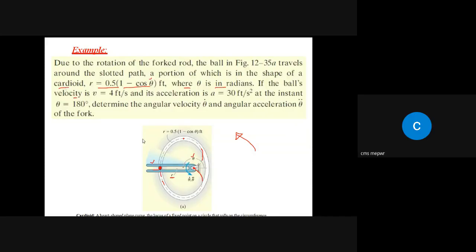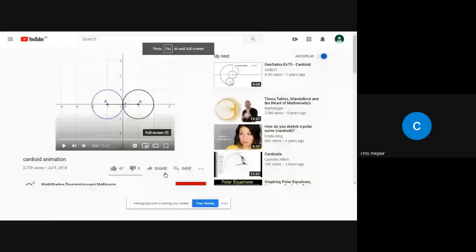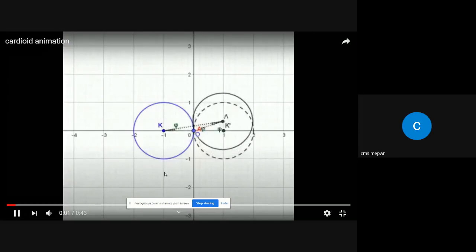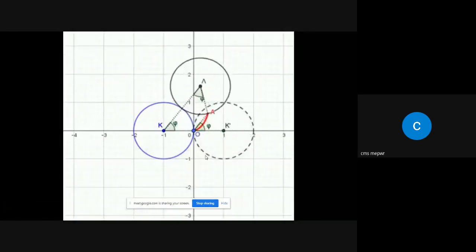Let me share my whole screen with you. Okay, can you look at my screen now? Yes, sir. Okay, see this path, this red path.